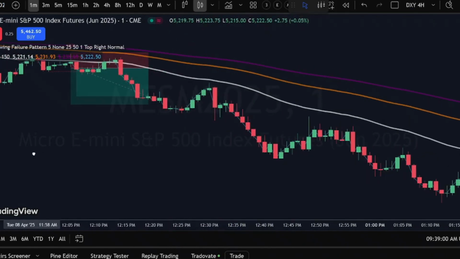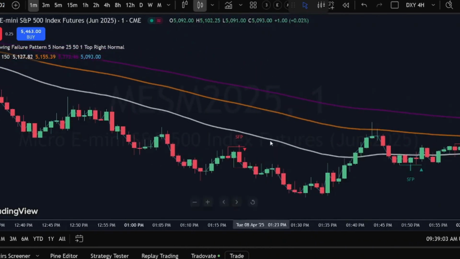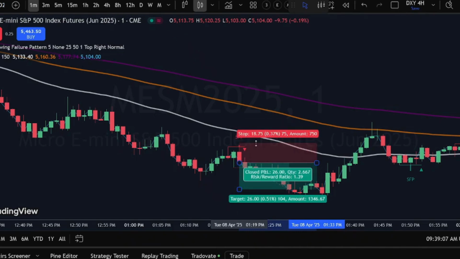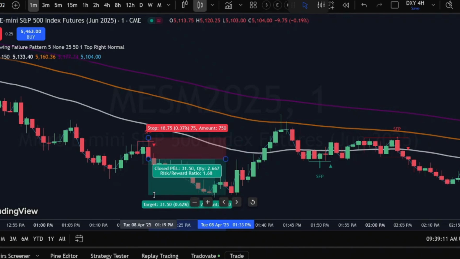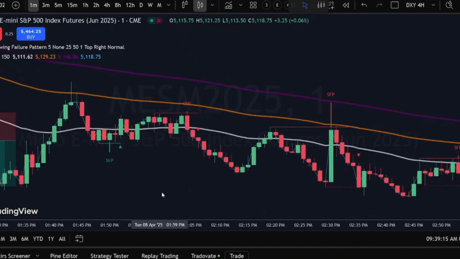2-to-1. There's another one. Another 2 to 1, I think. No, 1.5. Here's a nice one right here. After you got an impulse, you have actually a 5-wave correction, it looks like.